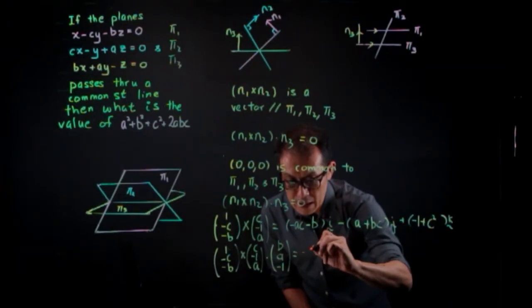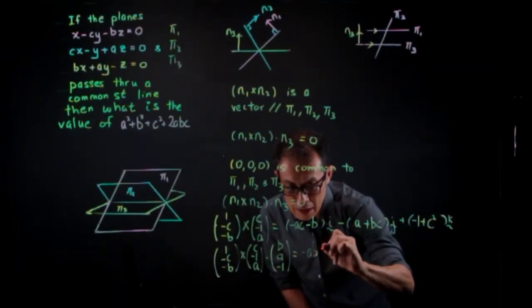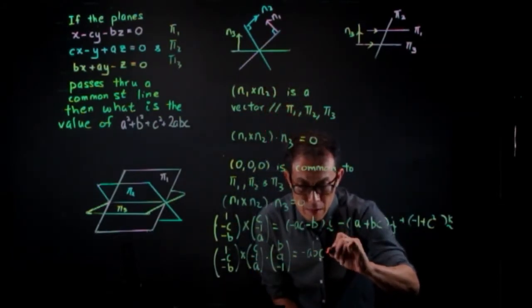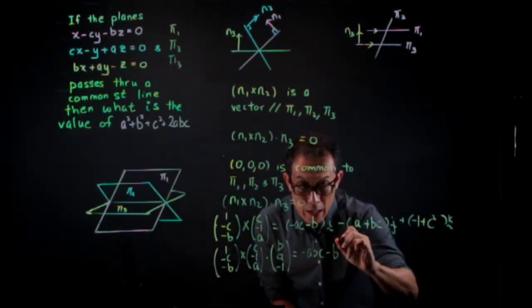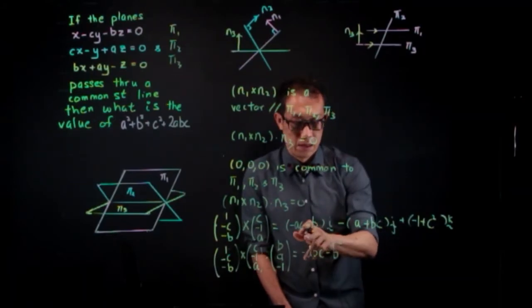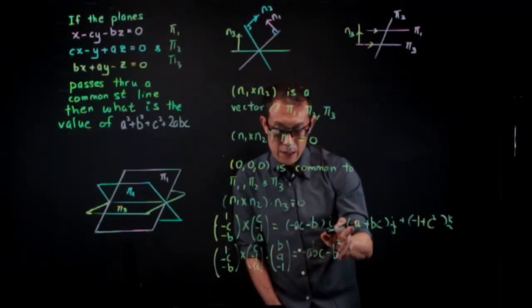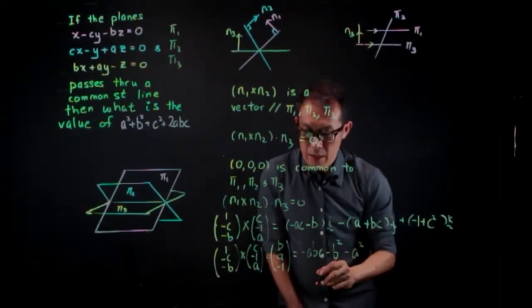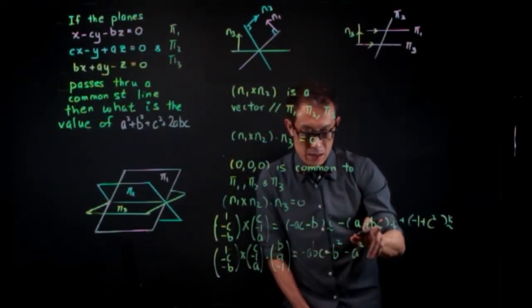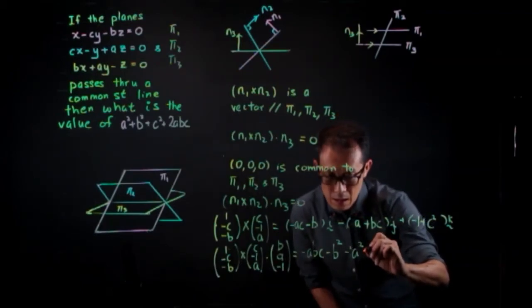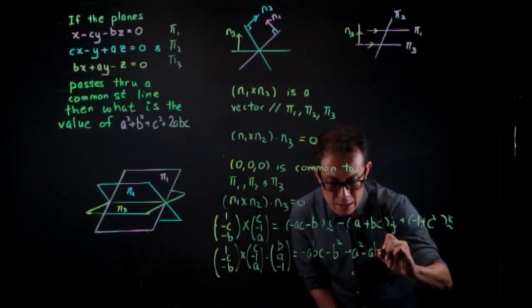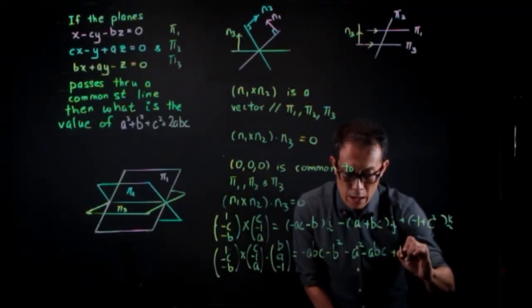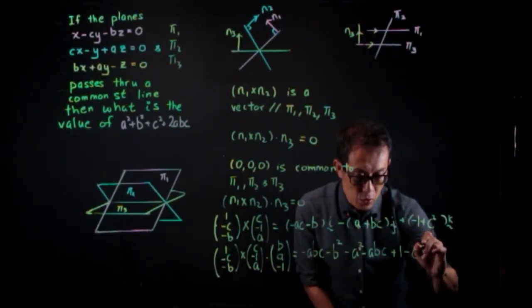I will have minus abc minus b squared, minus a squared minus abc, plus 1 minus c squared.